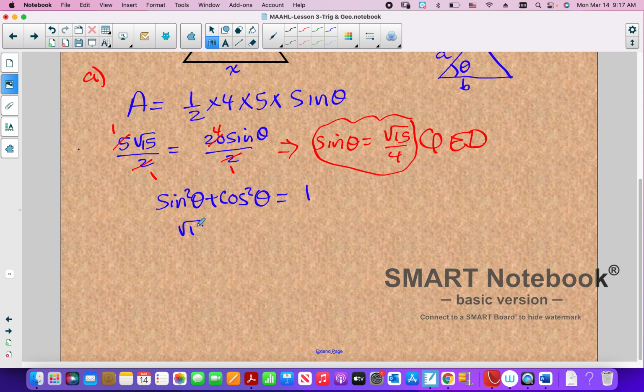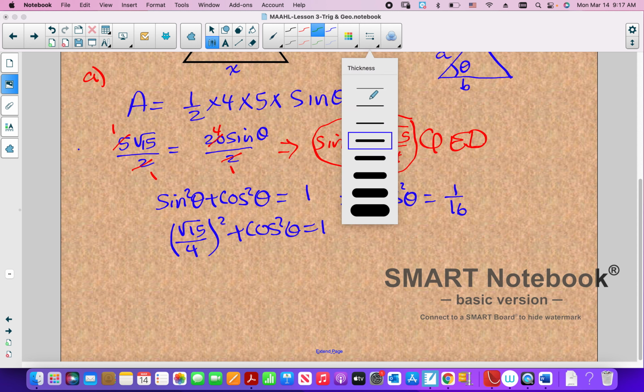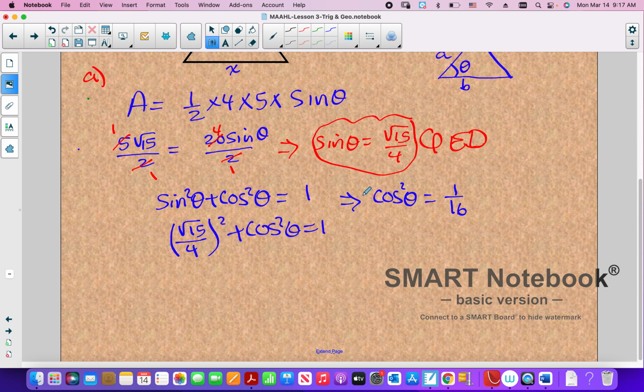Substitute root 15 over 4 squared plus cosine squared theta is equal to 1. It implies cosine squared theta is equal to 1 minus 15 over 16, which is 1 over 16. I take the square root of both sides. Don't forget to put the plus or minus in here. Therefore, cosine theta is equal to plus or minus 1 over 4.